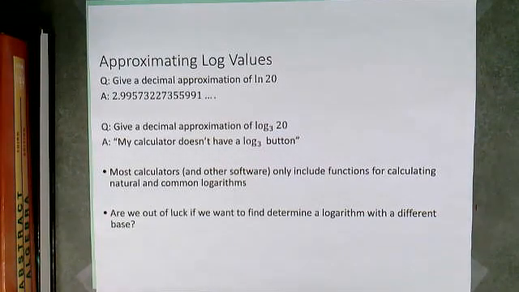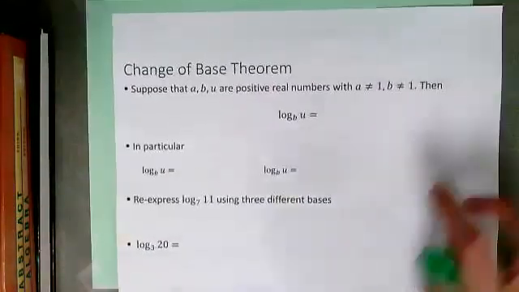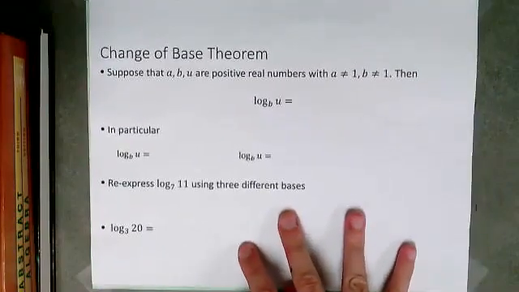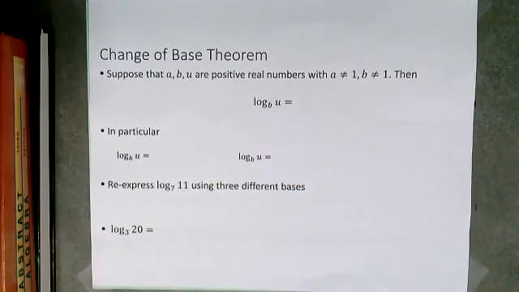So there is a way to get around this. And no, we're not out of luck in trying to determine a log if there's a different base than 10 or e. What we have instead is the change of base theorem. So we can change into any base that we'd like. So suppose that a, b, and u are real positive numbers.